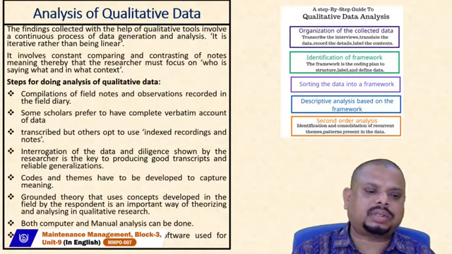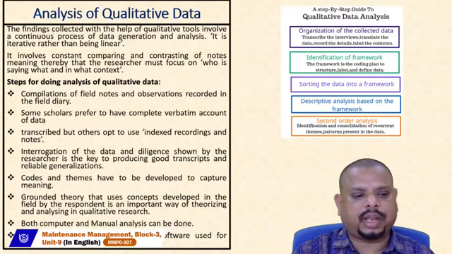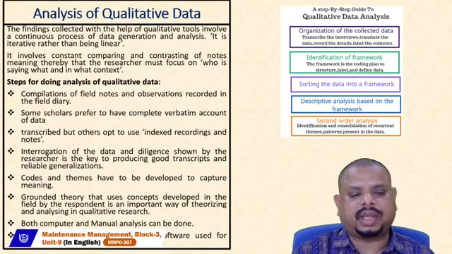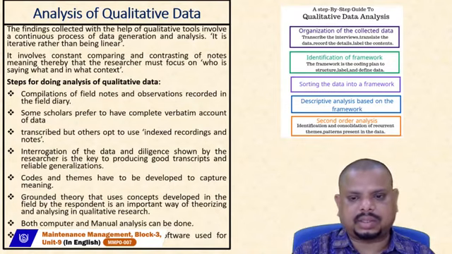Grounded theory, which leads to concept development in the field by respondents, is an important way to theorize and analyze qualitative research. With the help of both computer and manual analysis, the analysis can be done. And finally, you use computer software to analyze the qualitative data.